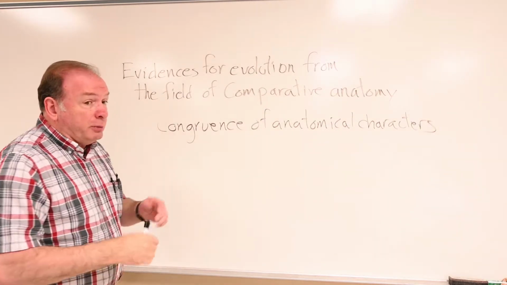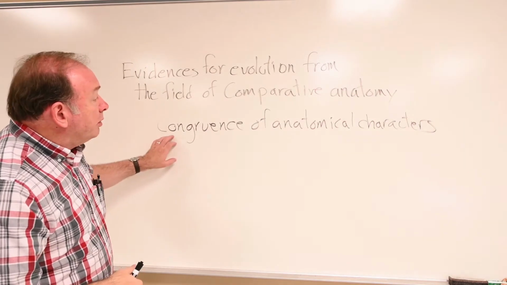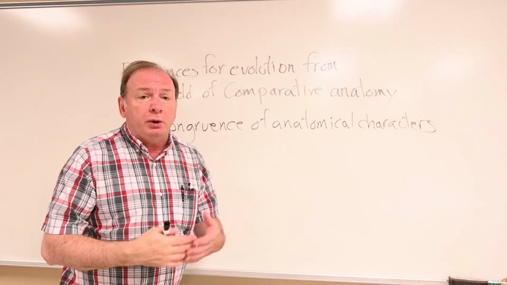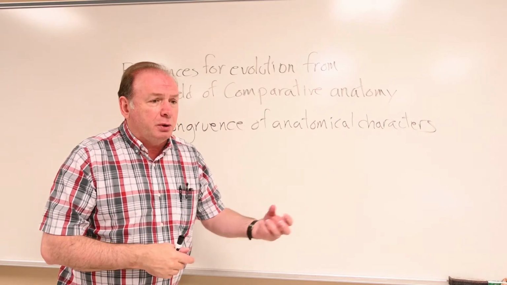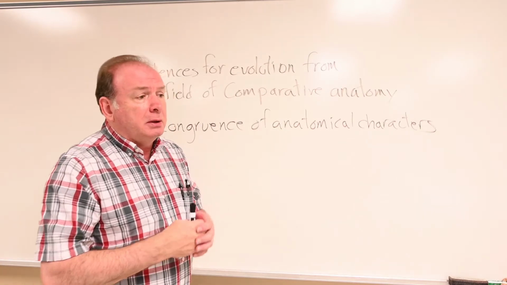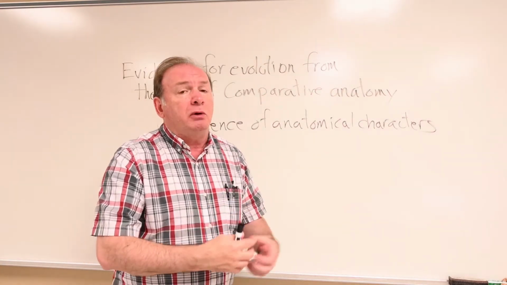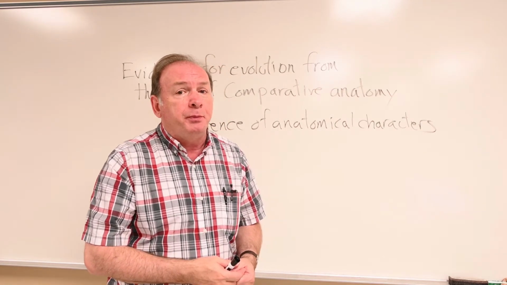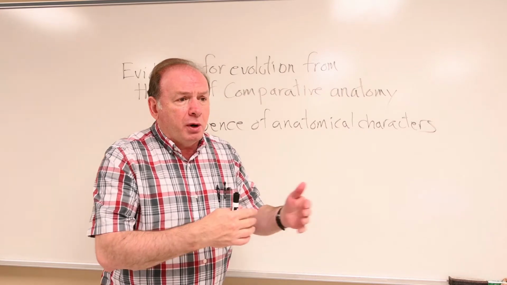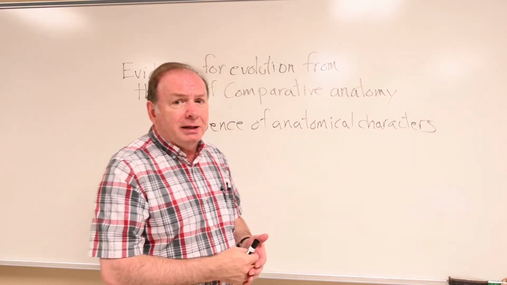To be congruent means to line up with or be in agreement with. So when we look at anatomical features from one group to another, or one species to another, if they are from the same supposed ancestry, then we would expect that most of their anatomical features would be pretty much the same. If they appear more different, then we assume that they're probably not closely related organisms.